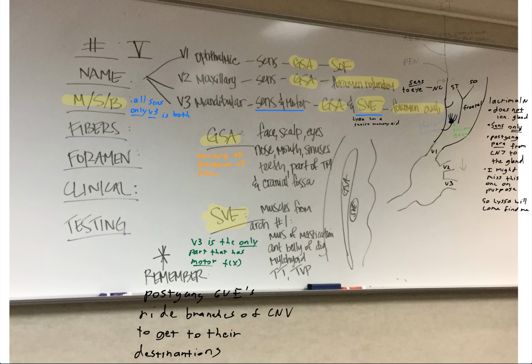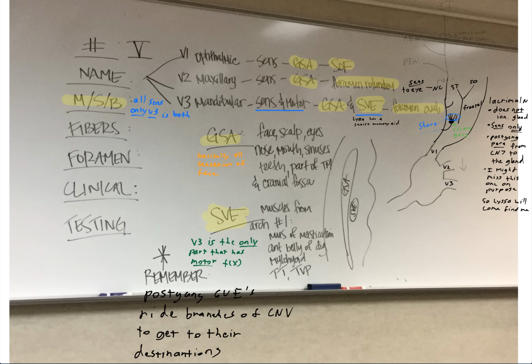Okay. Short ciliary. The next one is long ciliary. These are branches of the nasociliary nerve. These are the short ciliary right here, coming off the ganglia. There's more than one. Next you have a long ciliary.